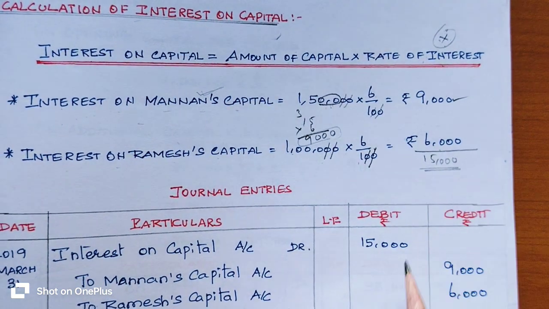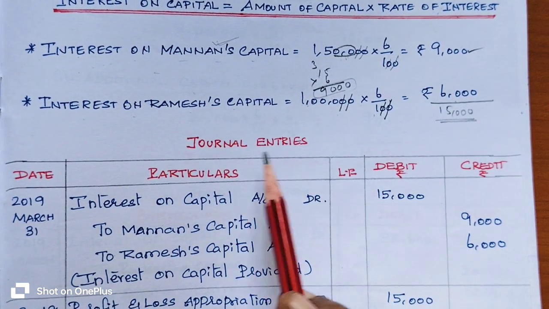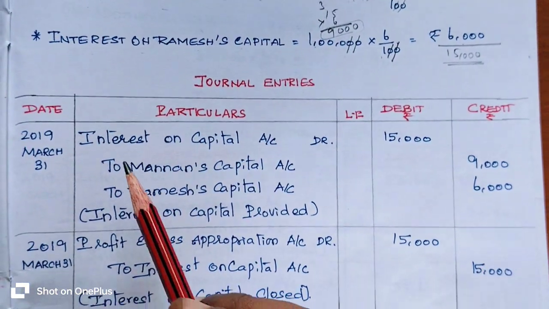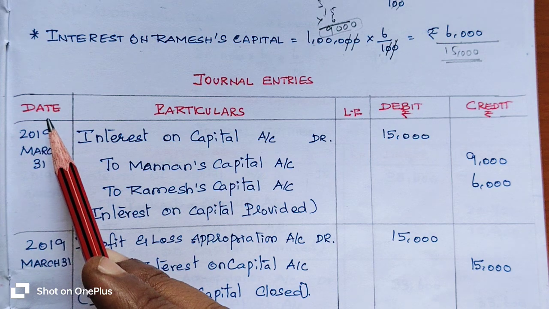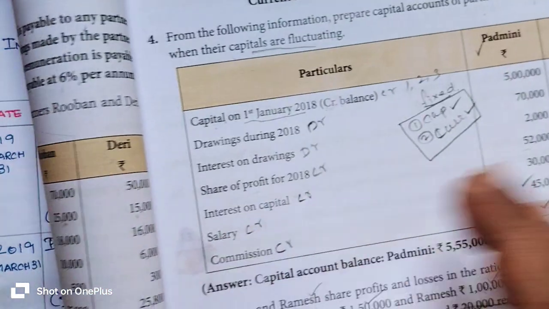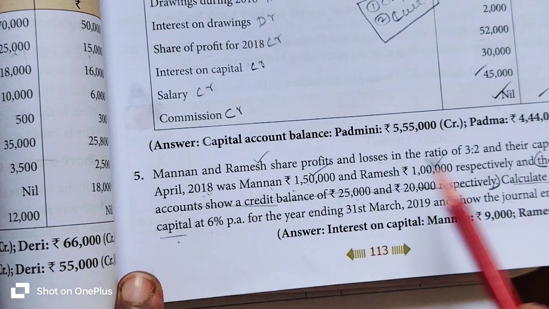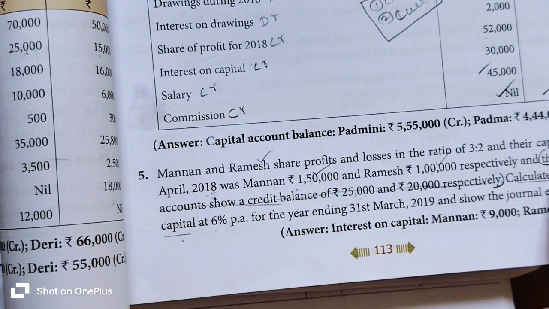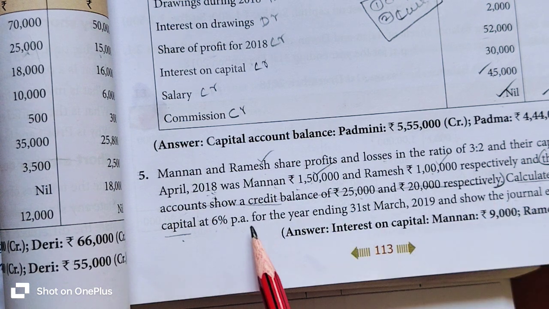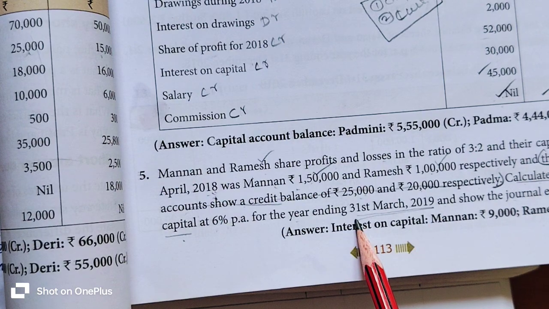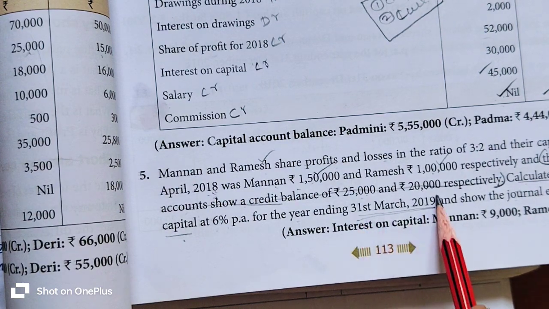Okay, now we are going to pass the journal entry for interest on capital. The format of the journal entry you know very well: date, particulars, LF, debit and credit columns. For the date column, they have given the date, the end of the year. Calculate the interest on capital for the year ended 31st March 2019 and show the journal entry for this period.